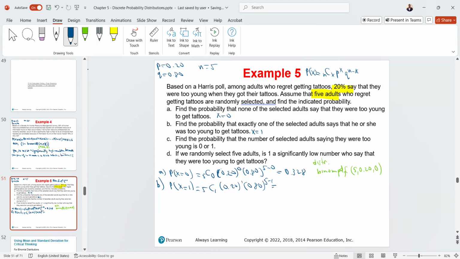You can do it. And at the end, answer would be 0.410.